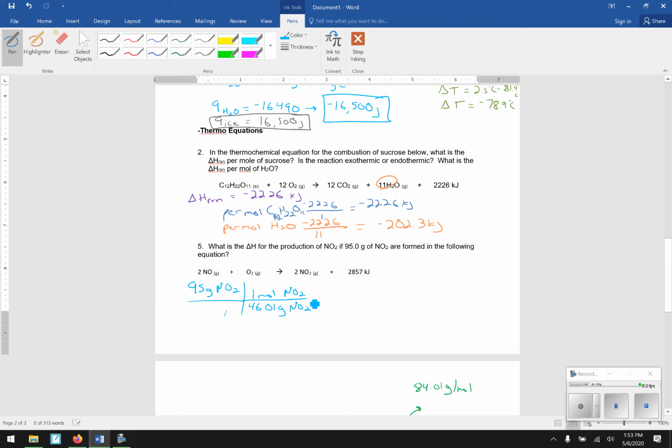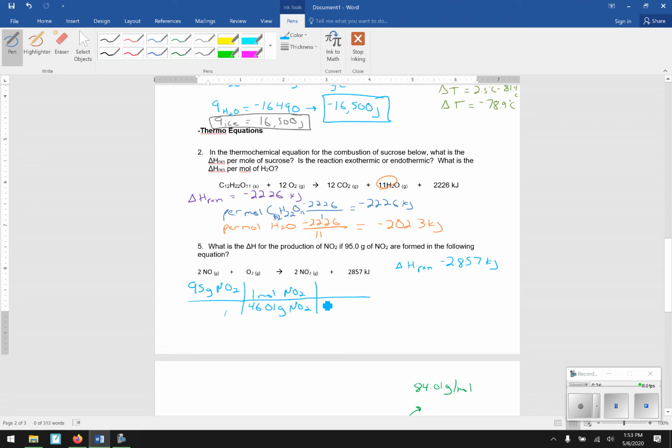And then, and I'm just going to do this straight as a conversion, we happen to know the delta H for this reaction is negative 28.57 kilojoules, because it's negative because it gives it as a product, so giving off the heat. We know that's for 2 moles of nitrogen dioxide.